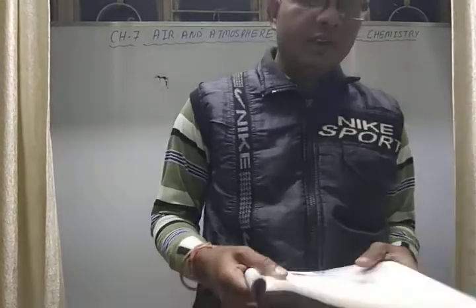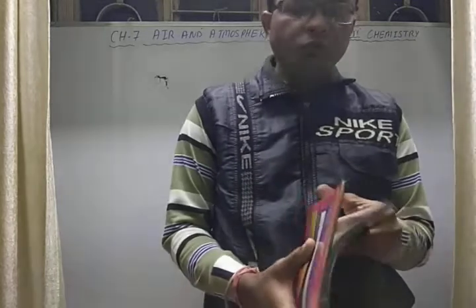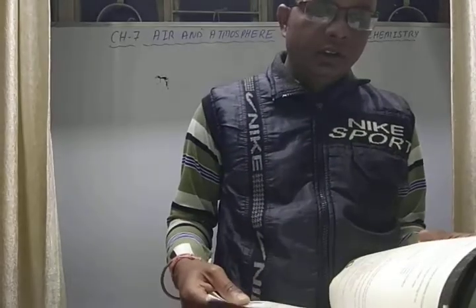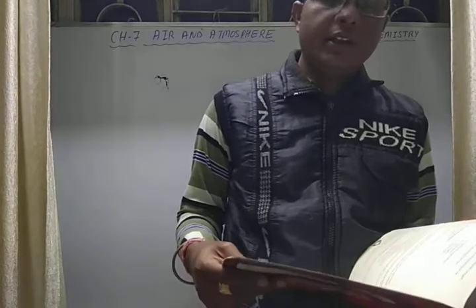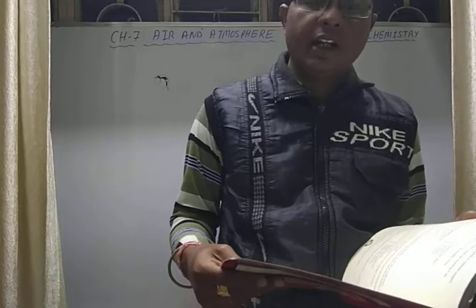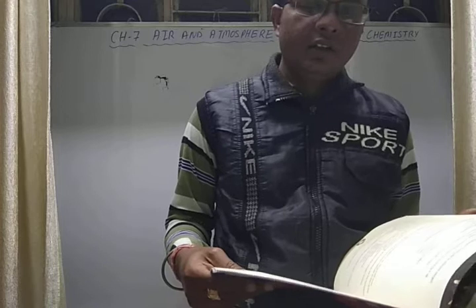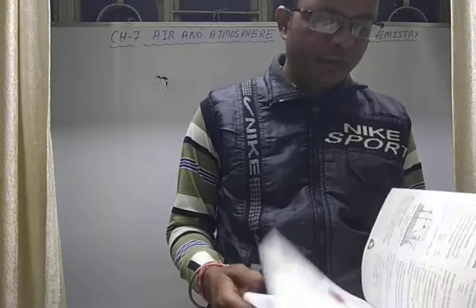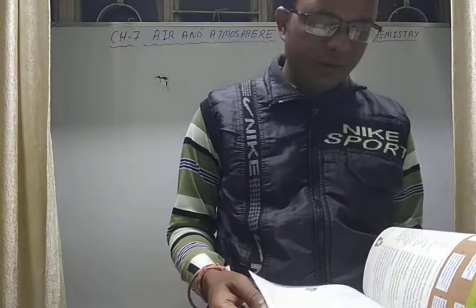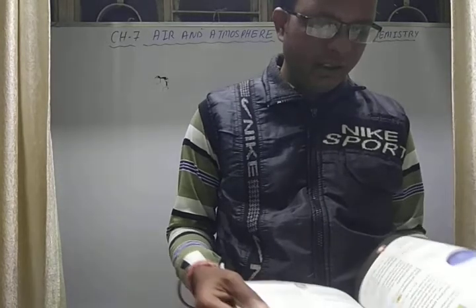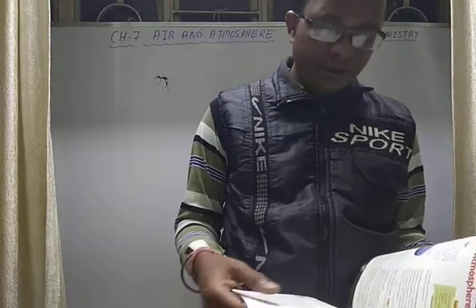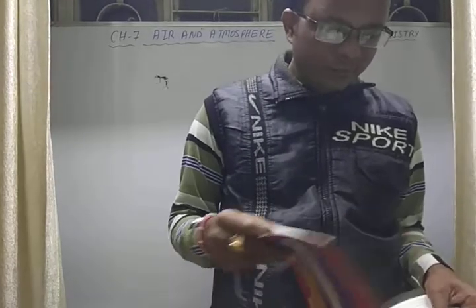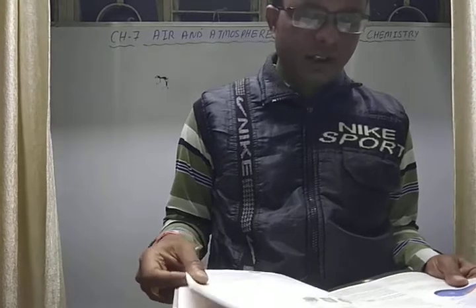Okay, so the next question is: give two physical properties and two uses of nitrogen, carbon dioxide and oxygen. So for nitrogen, physical properties, if you want to say very common properties, you can say that nitrogen is non-toxic.